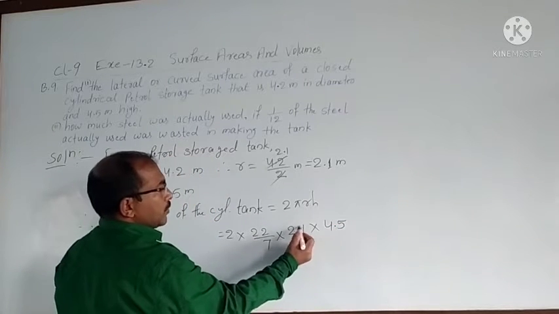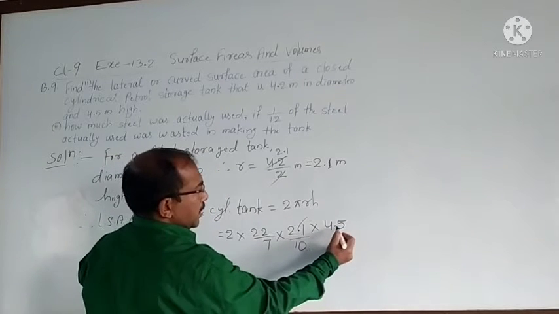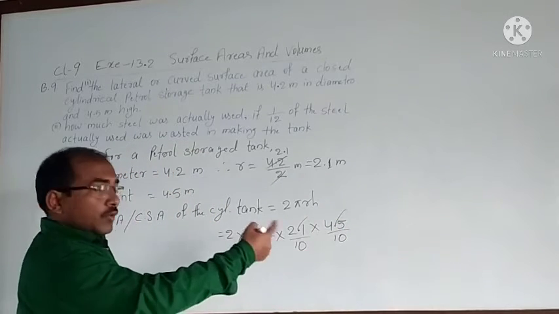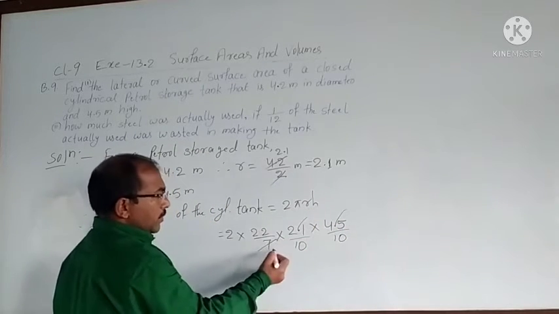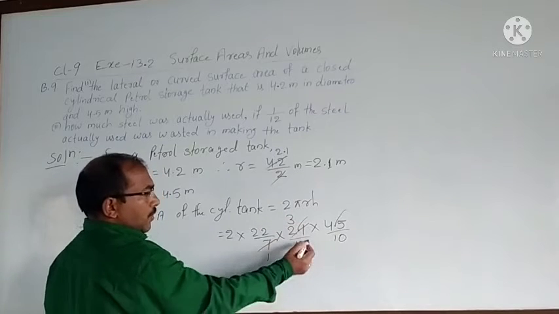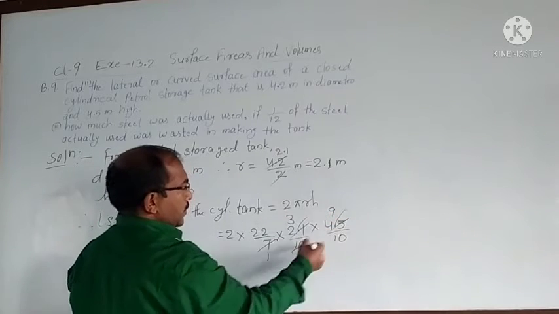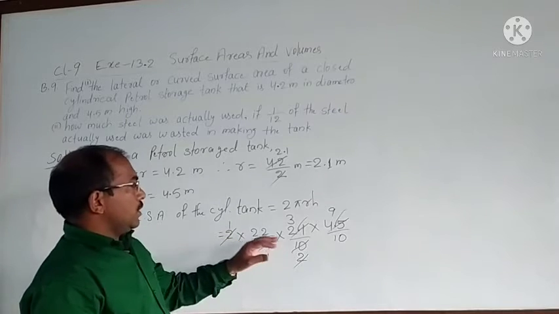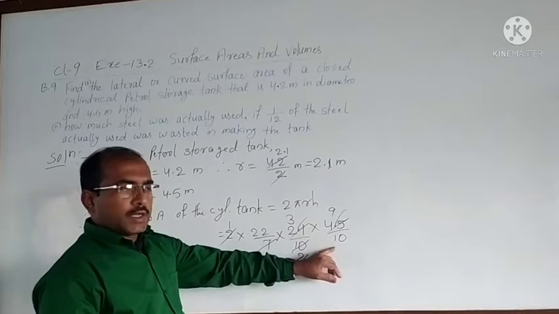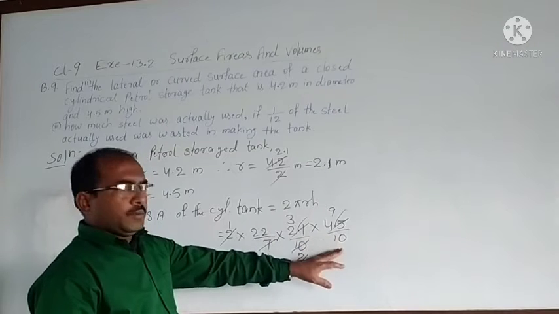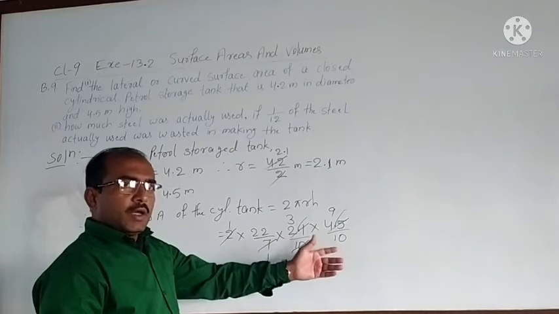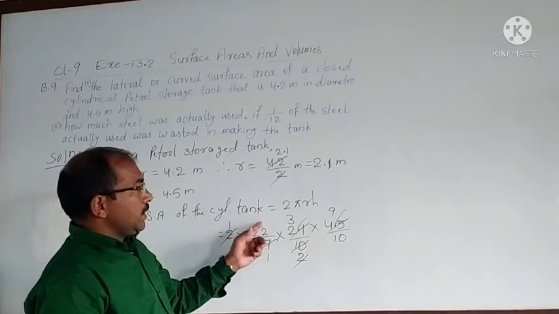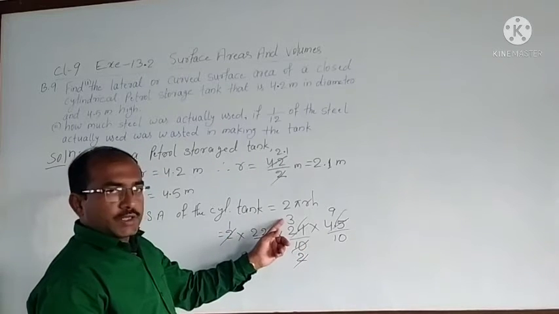Reaching here we will calculate. Remove this decimal, we get 10. Here again we remove the decimal, 1 and 1 0. Then 7 ones are 7, 7 threes are 21, 5 twos are 10, 5 nines are 45. Now we are getting 22, 3 and 9 by 10. This 10 we cannot cut completely, so we keep it, and later when we divide we put the decimal after one digit. So 22 into 3 is 66, into 9.